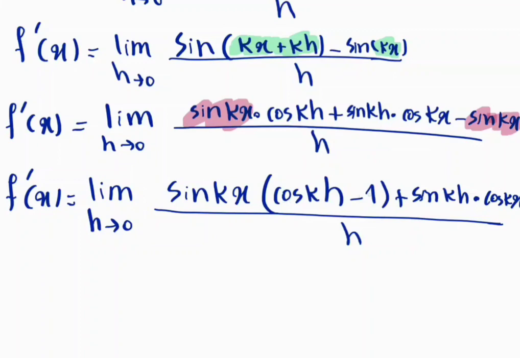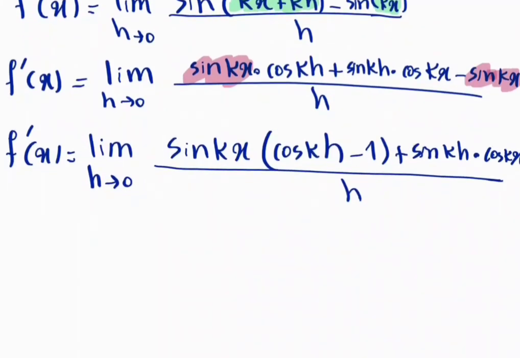So here we have cos kh minus 1 over h, and here we also have this term, but if we split this fraction into two fractions, then that's going to make more sense. So I'm going to do that in a second just to clarify what I'm saying.